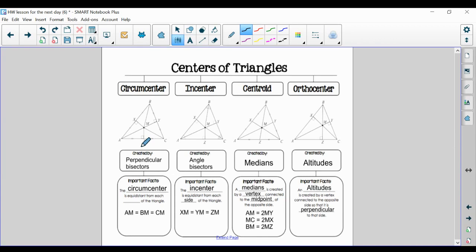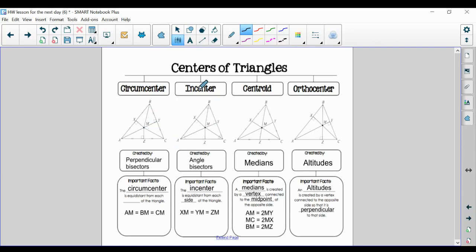So that is a triangle center. And they have different names. For example, the 3 perpendicular bisectors meet at the circumcenter. And very interesting, the circumcenter to each of the angles are equal distance.